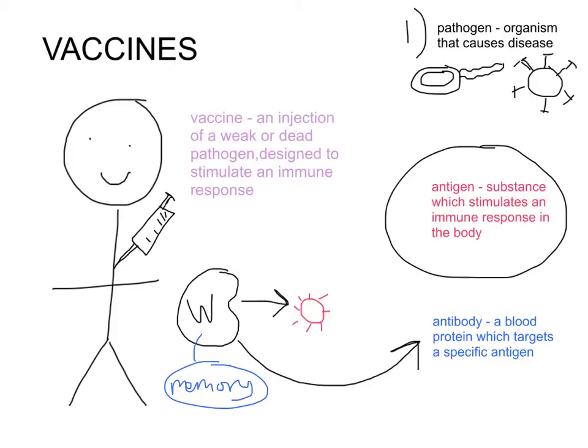And these memory cells remain in the blood so that if, on a real occasion, someone were to contract the virus, the harmful version of the virus, they would already have memory cells in their body that recognise it, that know which antibody specifically they need, so that they can fight it very quickly before even symptoms start to appear. So let's look at a typical graph to help explain exactly what's going on.